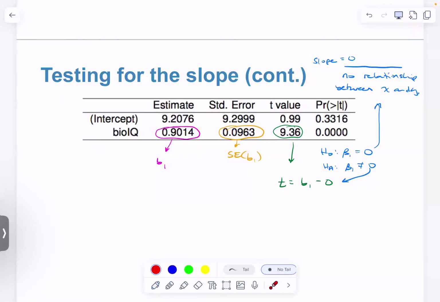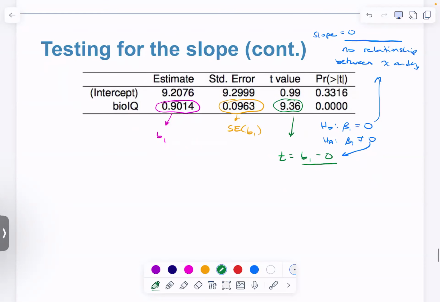So t, that's one we're working on here, is going to be the estimate for the slope, how far it is from 0, divided by the standard error of B1, which is what we've been doing when we've been doing the square roots of the standard deviations and things like that.